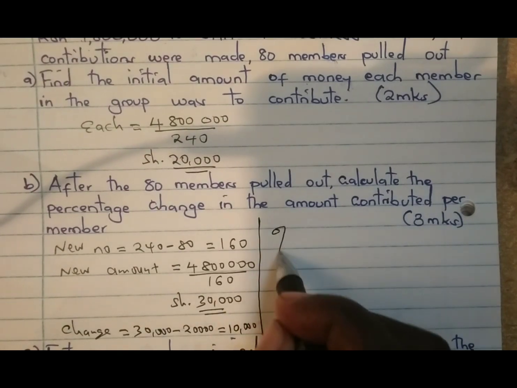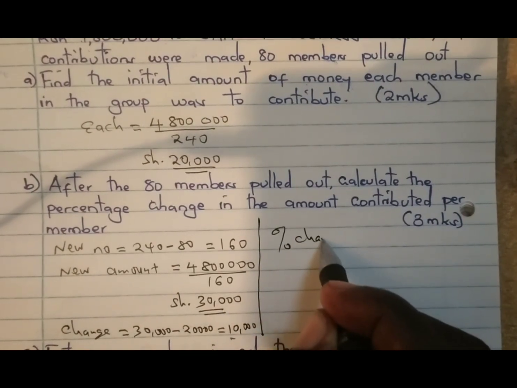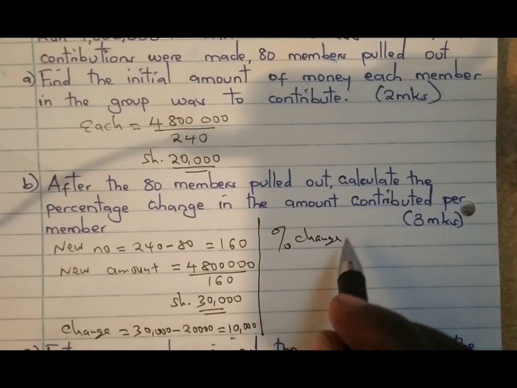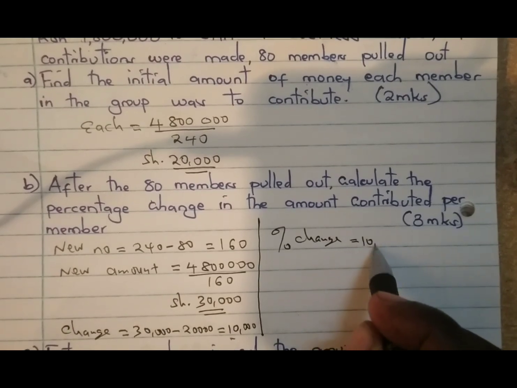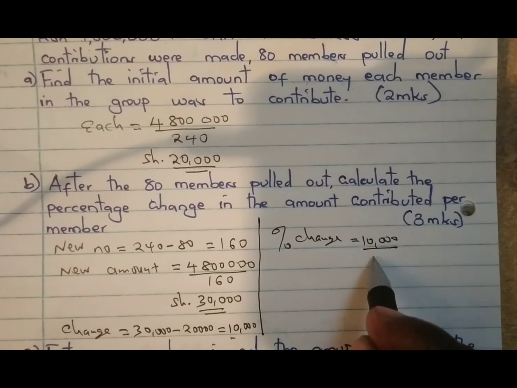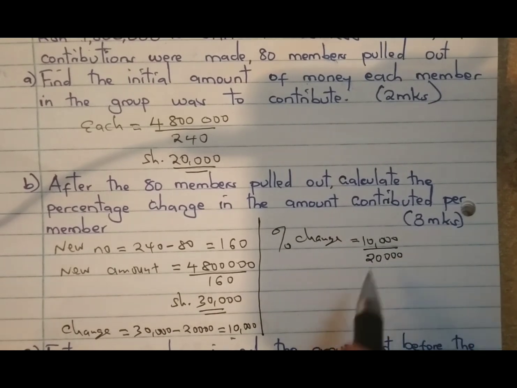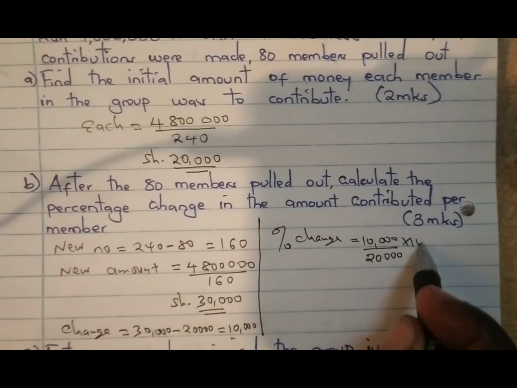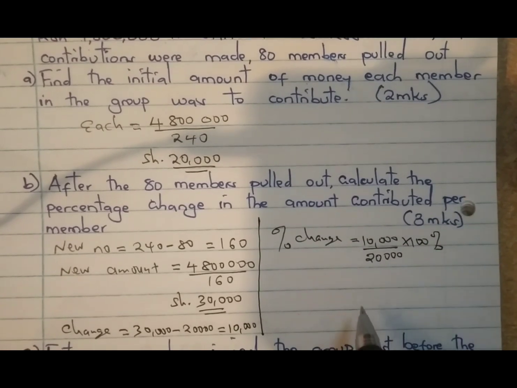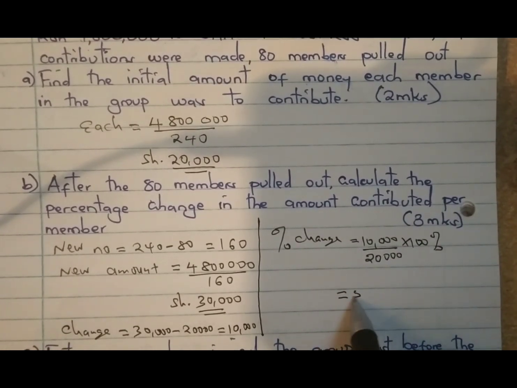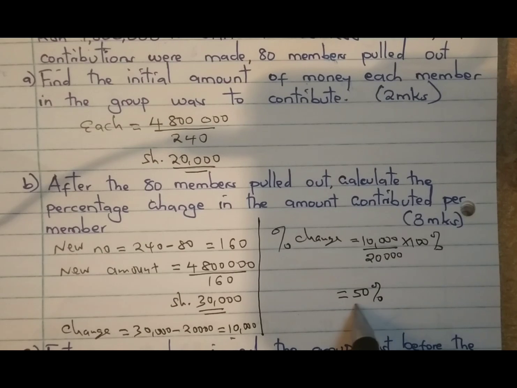To get the percentage change, we take the change, which is 10,000, we divide by the original amount, which was 20,000, or the original contribution. We multiply by 100%, and this one will give us 50% change.